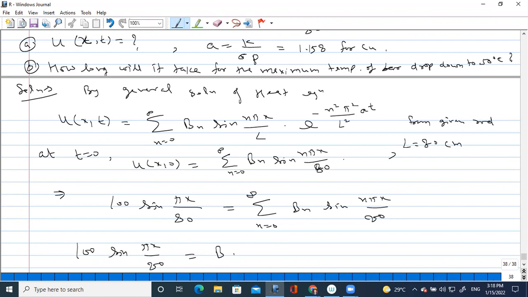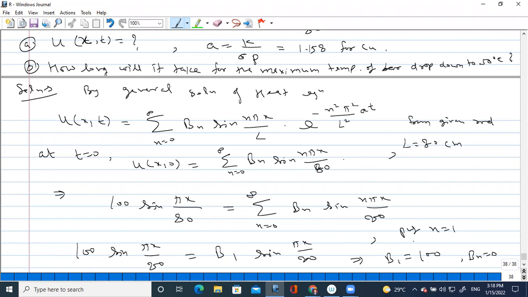Only this term is this, b_1 sin(pi x by 80), and you can get it by putting n equal to 1. So now comparing on both sides, this implies b_1 is equal to 100. Okay, and the rest of the b_n values are all 0. So only this value is applicable here because it is already given in the question.